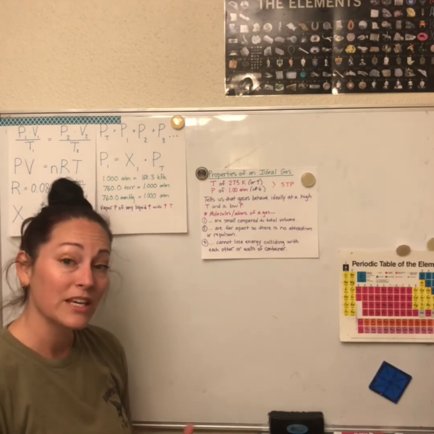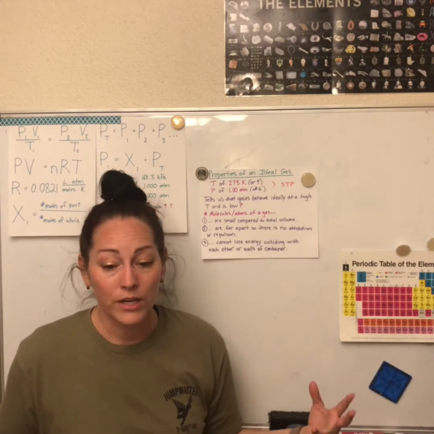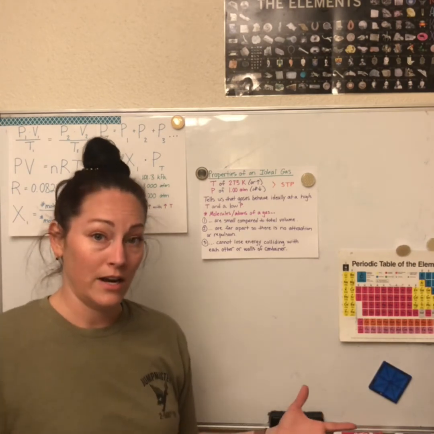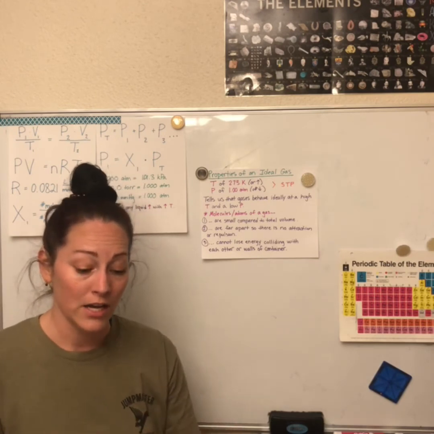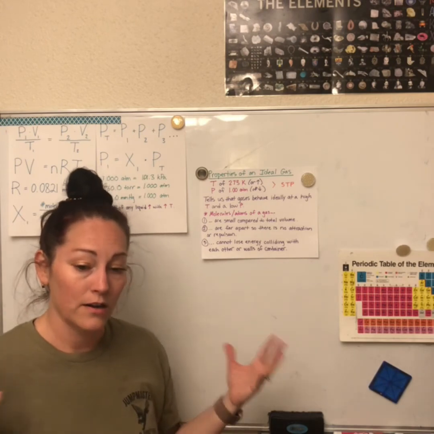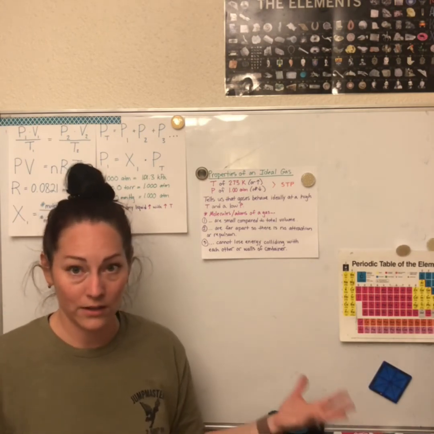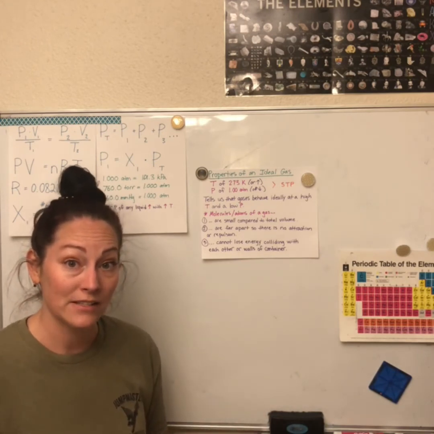And when they're ideal, we can work with it. So in this course, it's a little bit more advanced working with non-ideal gases, so we're not going to be working with them. You don't have to worry about that, okay? So for our uses in this module, you're going to be able to use our gas laws for everything. They're going to be ideal gases. But they do want you to know what makes something an ideal gas, okay?